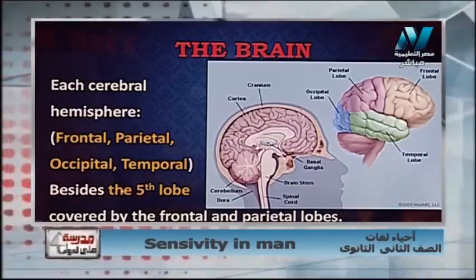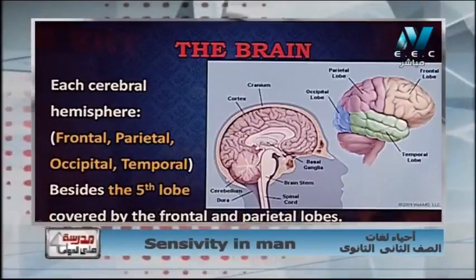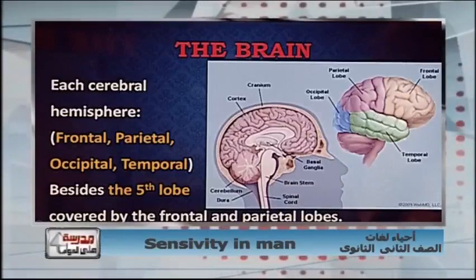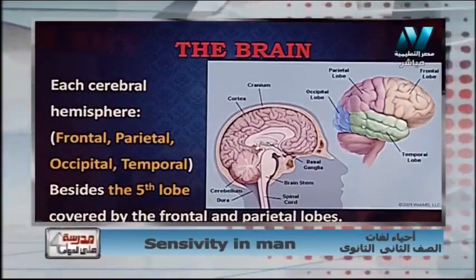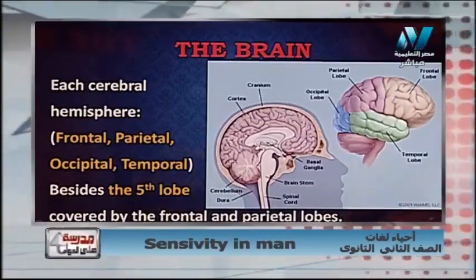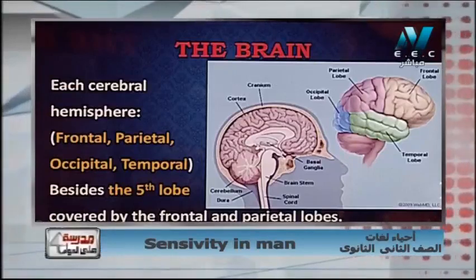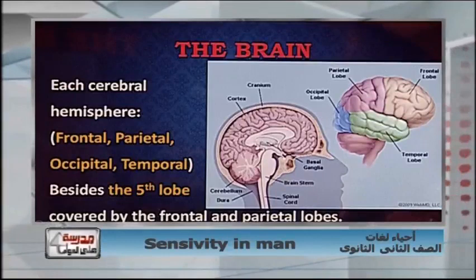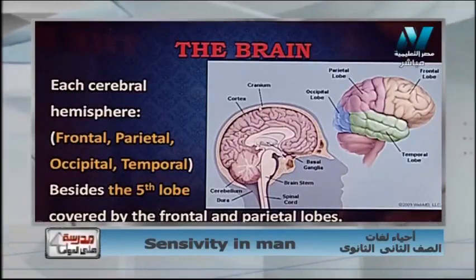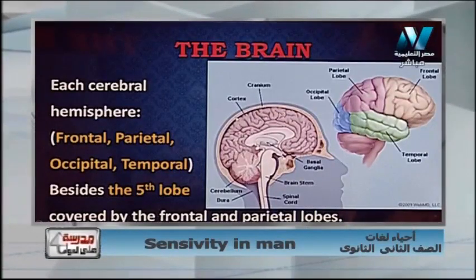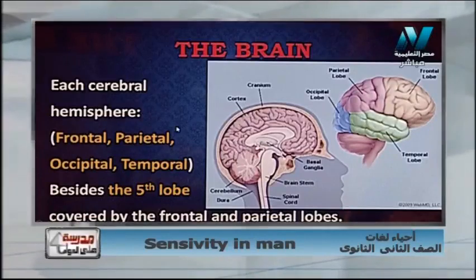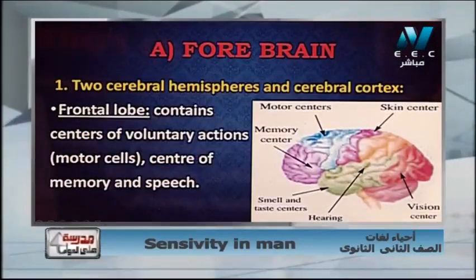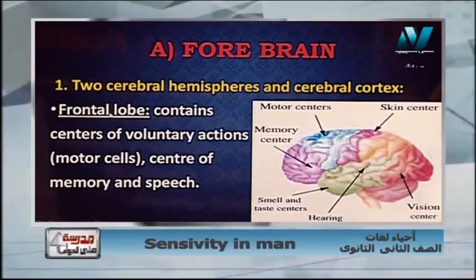There is another fifth lobe which is hidden by the frontal and parietal lobes. This picture also shows the brain inside the skull, and the cortex is full of grooves and folds. Study each part in detail.